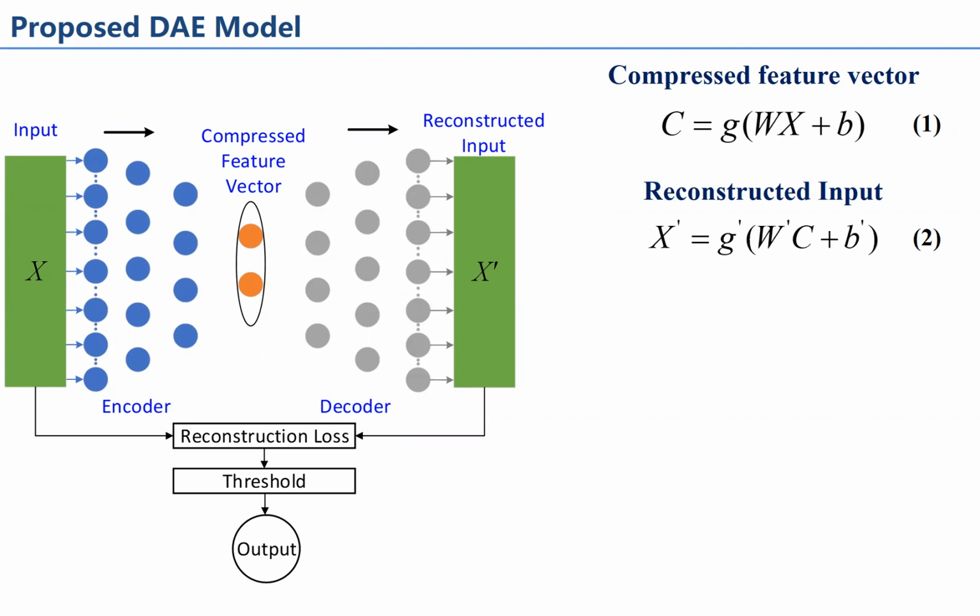Then it can be demonstrated by equation 2, where G prime, W prime, and B prime are the activation function, weight, and bias in the decoder part respectively. Then the reconstruction loss between X prime and X can be calculated by equation 3, where L refers to the loss function. In this study, mean square error, MSE, is selected.